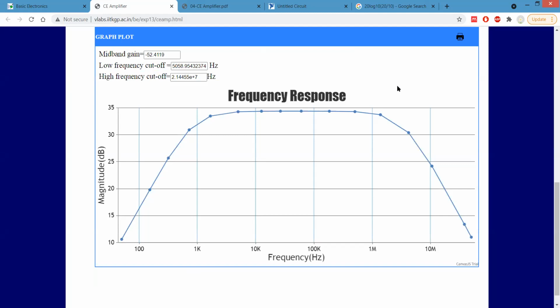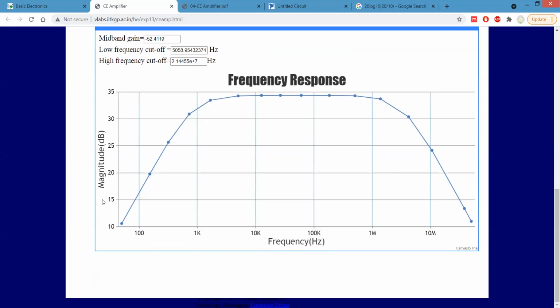So as you can see, the beautiful curve for the frequency response, the magnitude in dB, and this is the frequency. Obviously, the frequency scale is not linear. It is a semi-log or logarithmic plot. That's why after 100 hertz it is showing 1 kilohertz, then 10 kilohertz, then 100 kilohertz.